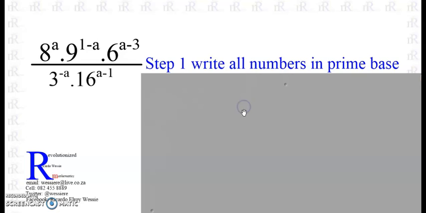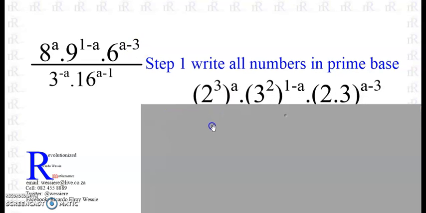So the first thing, write all numbers in prime base. And when you do so, just remember that this must be in brackets. Whatever the base is will be written in brackets and then powered up. For example, here will be 2 numbers, but both of those numbers will be raised to the power of a minus 3.